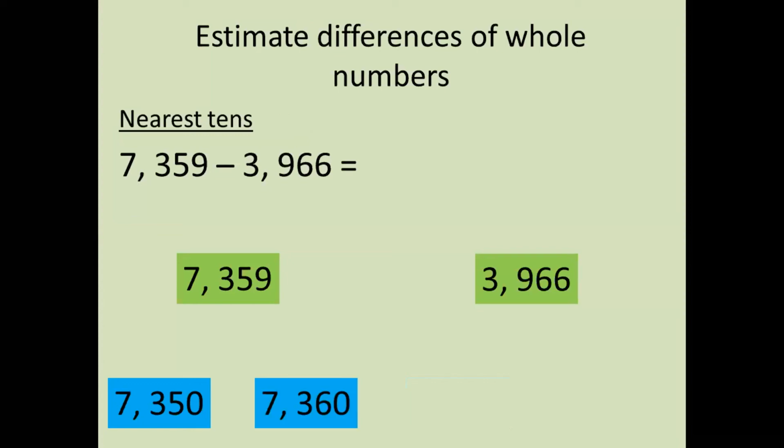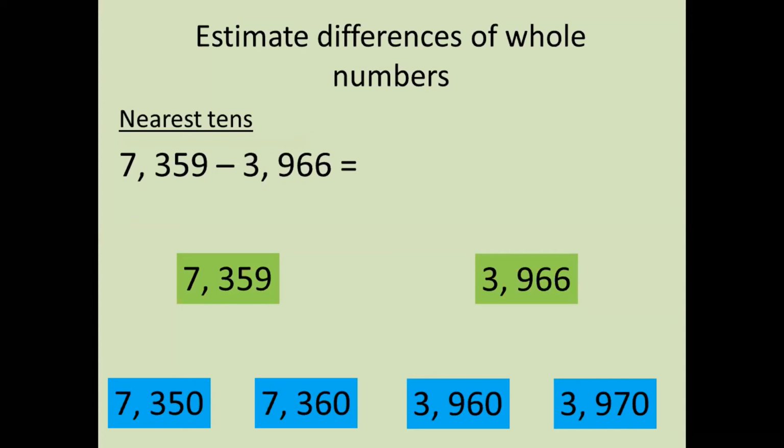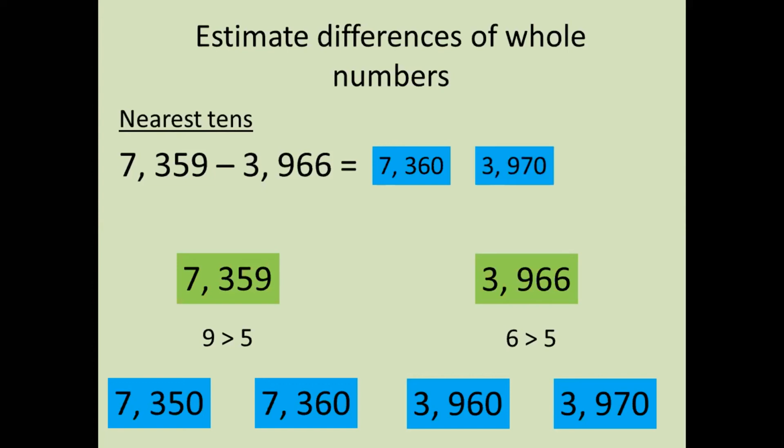This is nearest 10. 7,350, 7,360, 3,960 and 3,970. And then we have 5. We compare 9 with 5. It's more than 5. And this is more than 5 again. So 7,360 and 3,970.